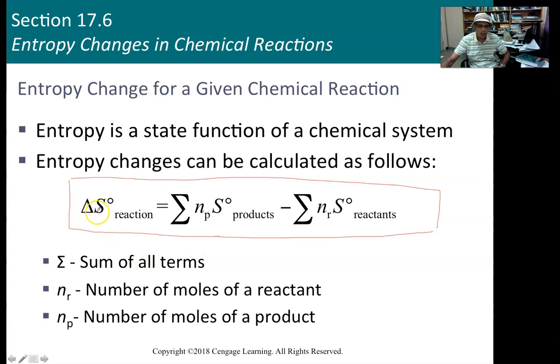So here the change in entropy is equal to the sum of all the entropy of the products minus the sum of all the entropy of the reactants. And of course you have to multiply that by the mole coefficients, which are this term here.